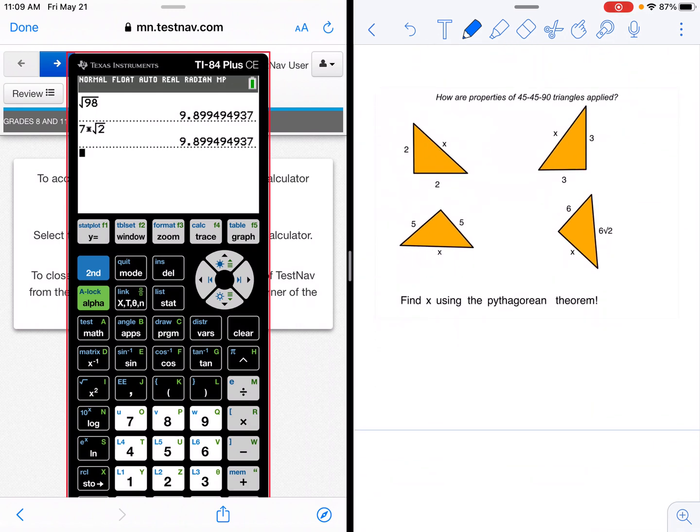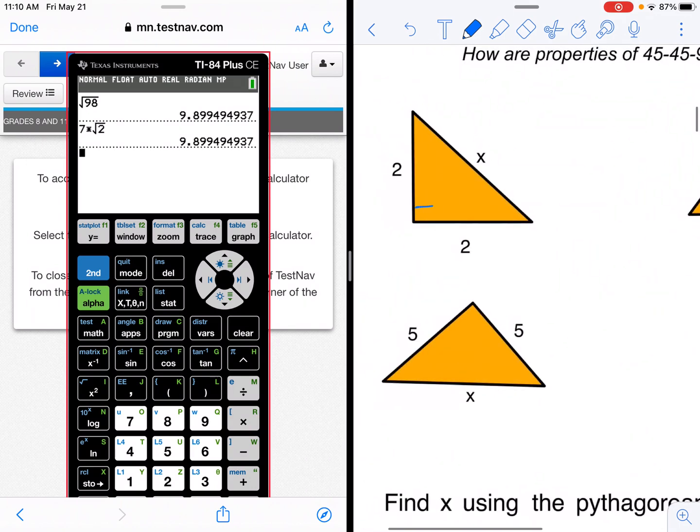I'd like you to pause the video now and try to find x in all of these pictures. All right, if you did this, you would find that in a right triangle, if you did the Pythagorean theorem and you simplified your square root, you would get 2 square root of 2.